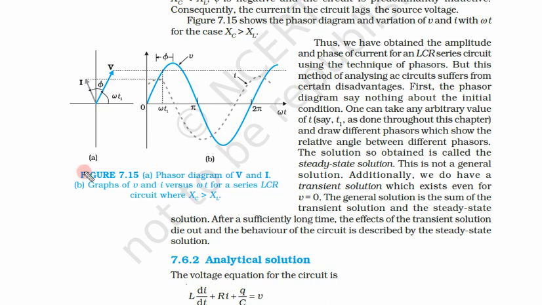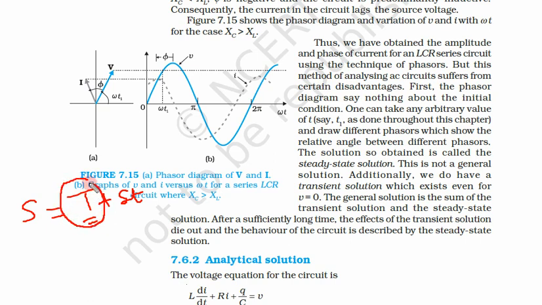They are saying there are two parts in the solution. Suppose this is our solution. One is the transient solution, another is the steady state solution. In the initial conditions, when things are not fixed, things are changing. Current and voltage, the angle between them and their relations are changing.